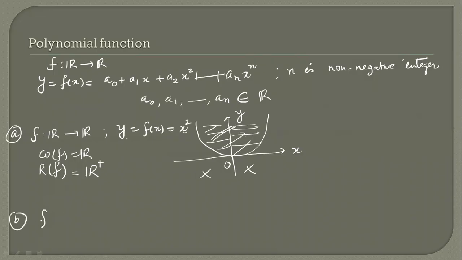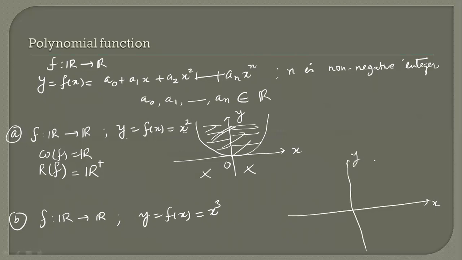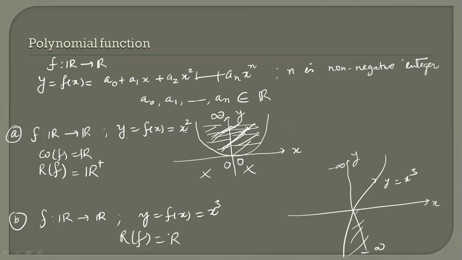If we take f(x) equal to the cubic function x cubed, and draw it, it will look like this, y equal to x cubed, and it is taking all the values of y from -infinity to infinity. Here it was taking from 0 to infinity only. That's why that was the range. But here it is taking all the values. It means in this case the range of f will be the entire real numbers.